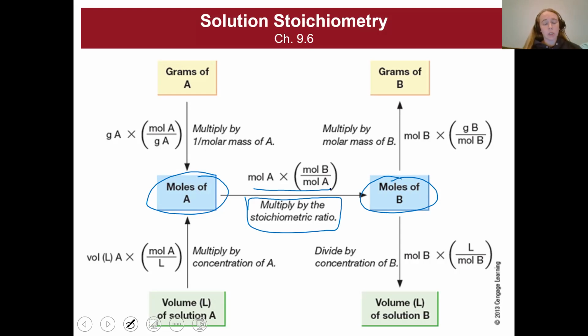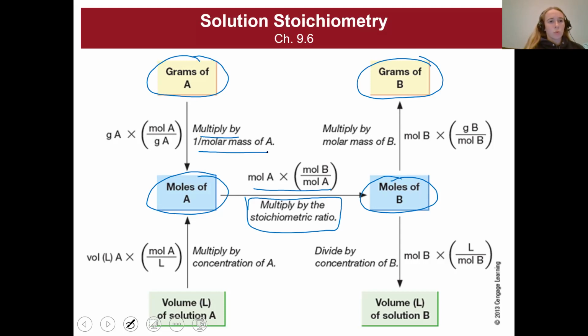balanced equation. Okay, so from there we got a little more complicated where we started with grams and wanted to go to moles, or we started with grams and wanted to go to grams. So in that case, grams of A to turn into moles of A, you have to multiply by 1 over the molar mass. So you put the grams on the bottom and the moles on the top so that grams will cancel out.